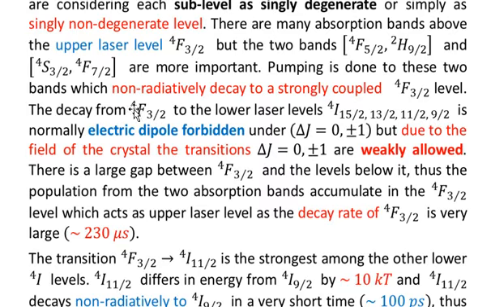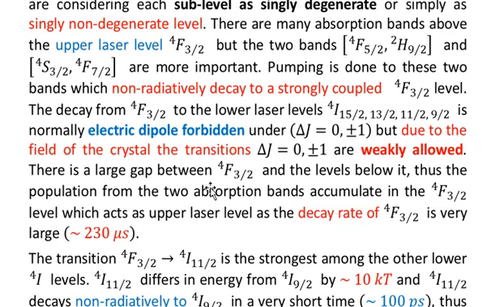So the decay from the 4F3/2 to the lower laser levels 4I15/2, 13/2, 11/2, 9/2 is normally electric dipole forbidden, as ΔJ = 0, ±1 does not allow these transitions to take place. And due to the field of the crystal, the transitions under ΔJ = 0, ±1 are weakly allowed.